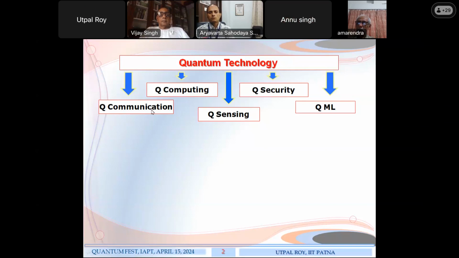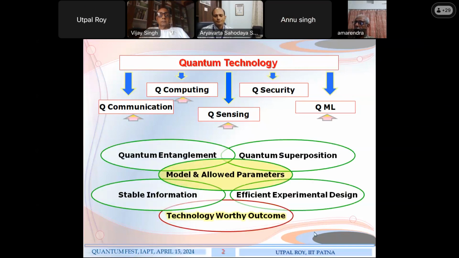Yeah, so quantum communication, quantum computing, quantum sensing, quantum security, and quantum machine learning. And there are several more sub areas where quantum technology is connecting and making an integral field, which is quantum technology rather. So here I'll be talking about several points, but we have to understand how things can move on.